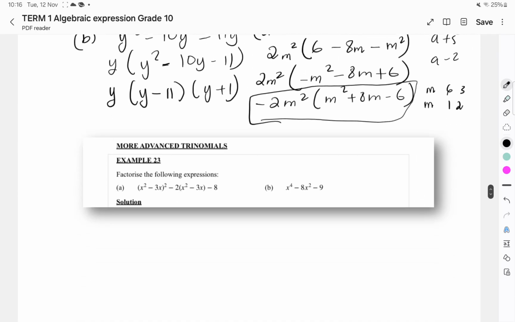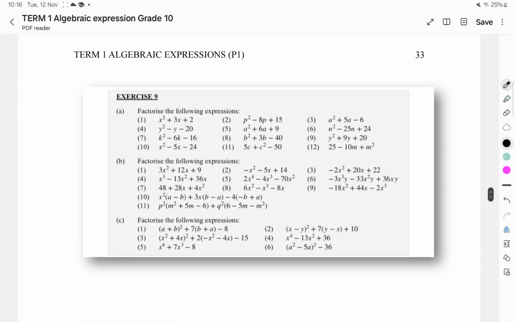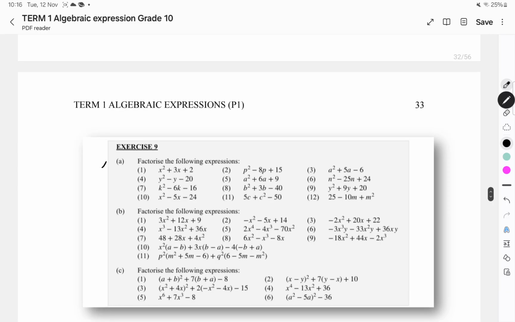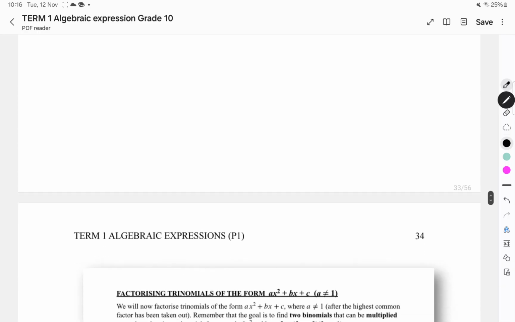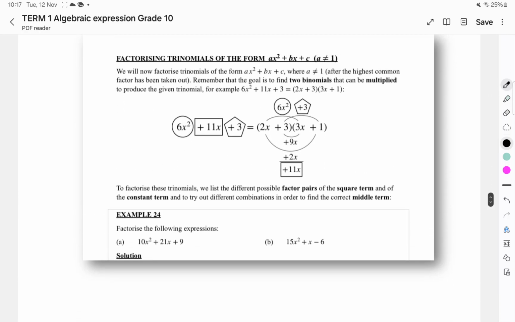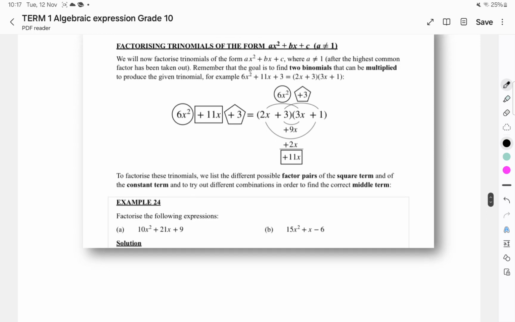Good. Now we're going to go to the exercise. Can you see the exercise there? You can try this one. Then you can try this one again as well. Okay. But let's continue. I want us to get to a point where you don't have the more difficult ones. So I have 10x squared plus 21x plus 9.